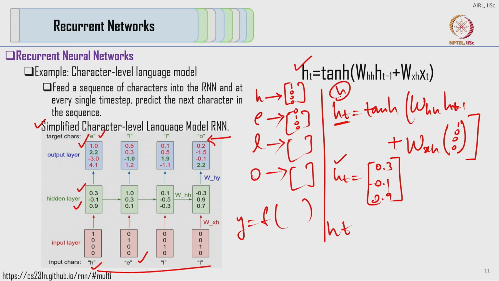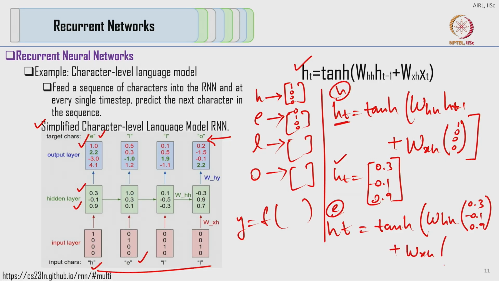So this was for H, this is for E, which can be given as tanh of W_hh times h_{t-1}, which would be the previous state, and this is the h_t we get for the letter E. Once we have this hidden state, using the same formula we saw earlier, we can have an output prediction of y, and this can go on.